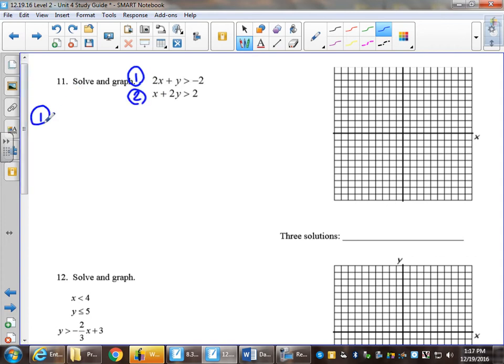So let's talk about the first one first. So x-intercept, let y equal 0. So we get 2x plus 0 equals negative 2. That's just 2x equals negative 2. Divide by 2, divide by 2, x equals negative 1.